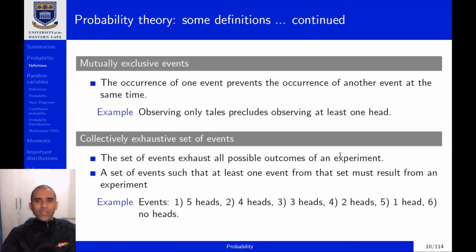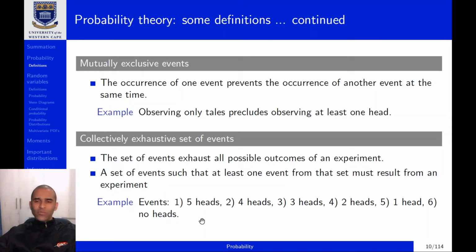Events can also be collectively exhaustive, and this is the set of events that exhaust all possible outcomes of an experiment. So again, if you look at the example here, considering our 5 coin flip experiment, 6 events are defined here, those being observing 5 heads, 4 heads, 3, 2, 1, or 0 heads.